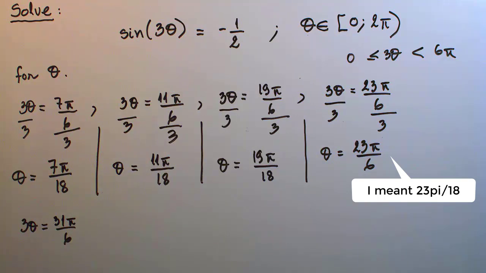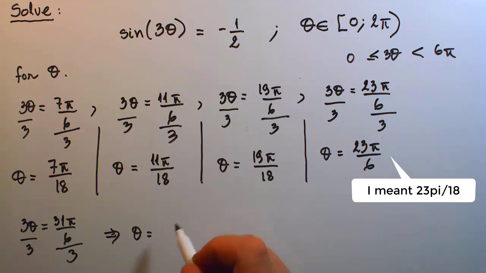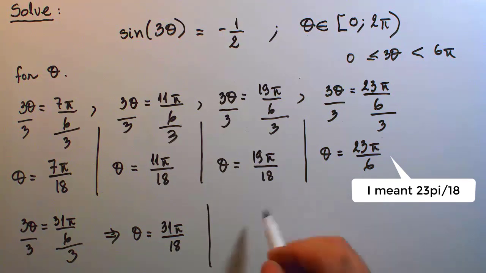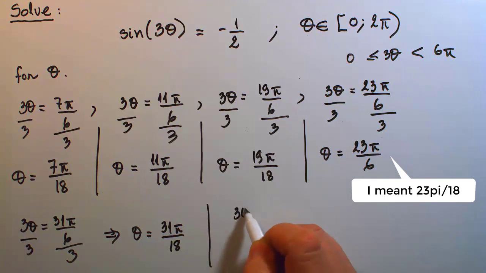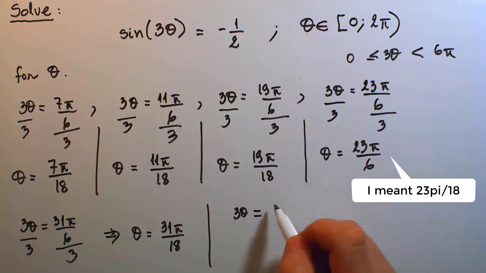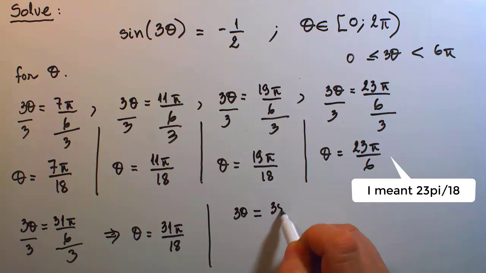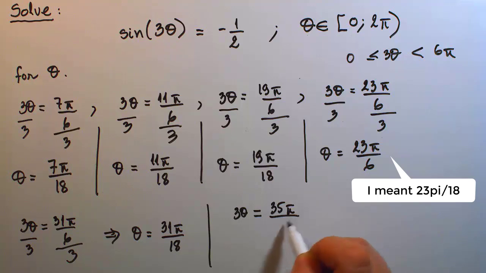And so dividing both sides of 3 theta equals 31 pi over 6 by 3, I'm led to another equation. Theta can also equal 31 pi over 18. And our last equation, 3 theta was also equal to 35 pi over 6.